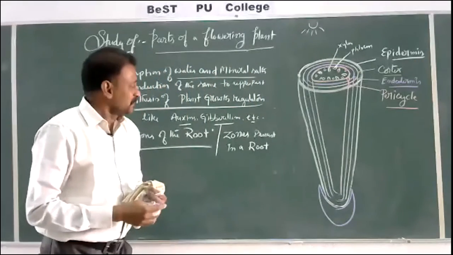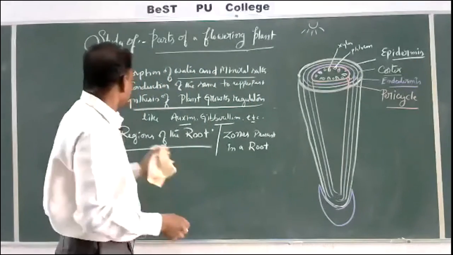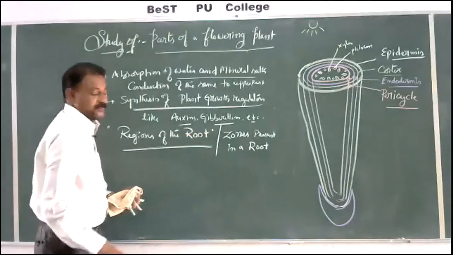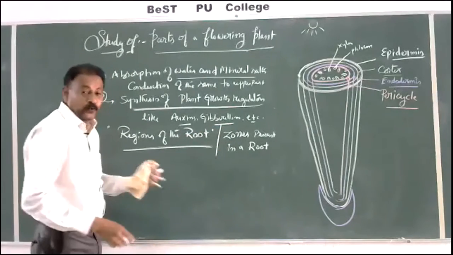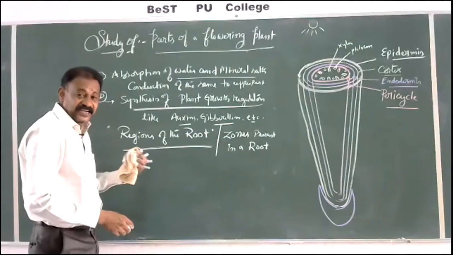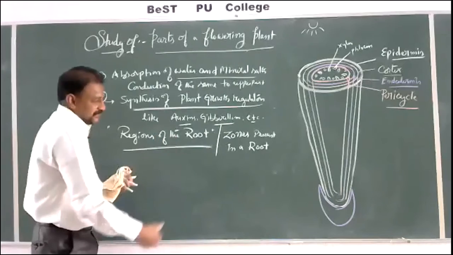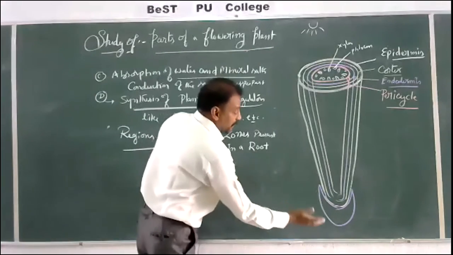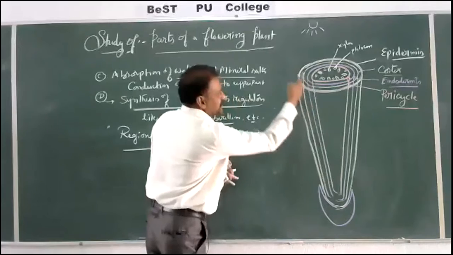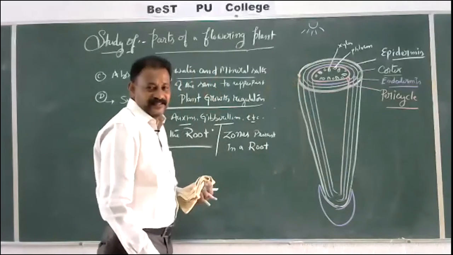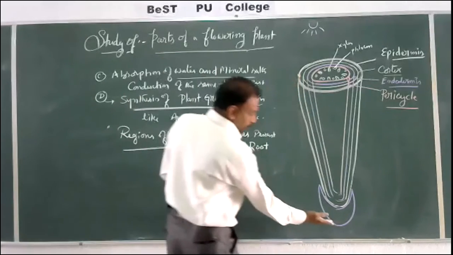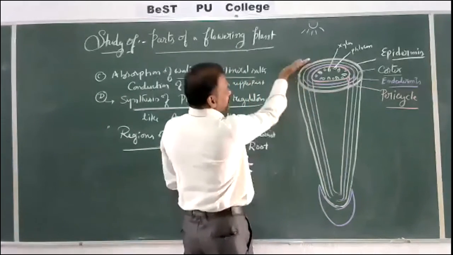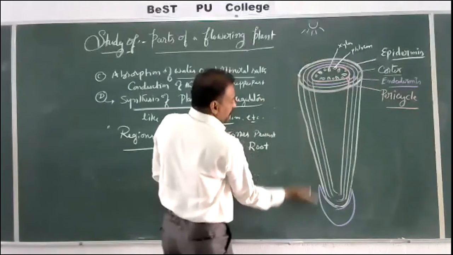Now, various regions of the root or zones present in a root are studied in a sequential order from the tip of the root to the base of the root, or from base to the tip.